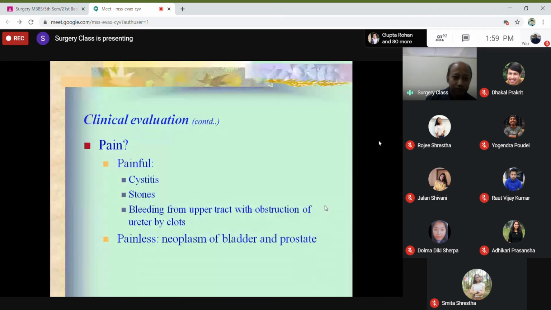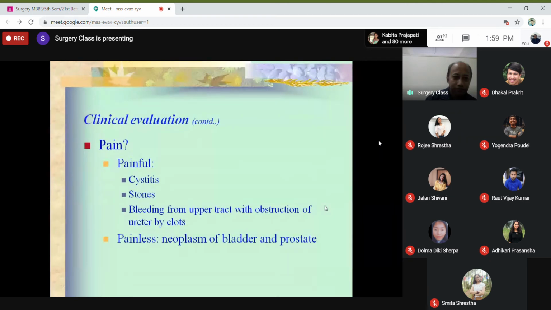Another is painless hematuria. The patient just notices blood in the urine but doesn't have any symptom. This is painless hematuria. No dysuria, no frequency. He just visualizes red urine or just passes blood per urethra without any other symptoms.